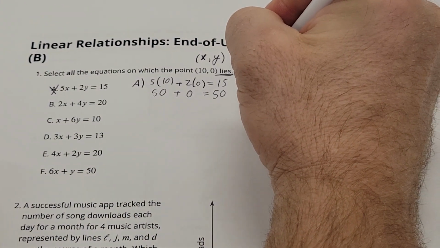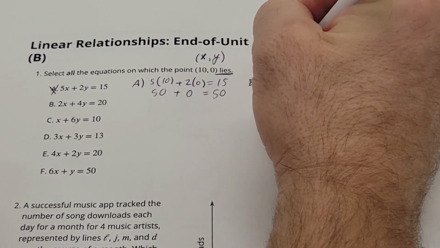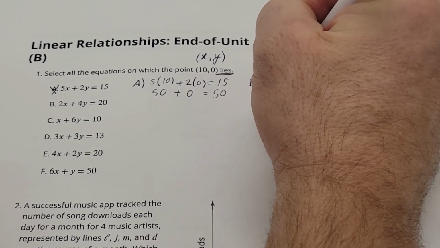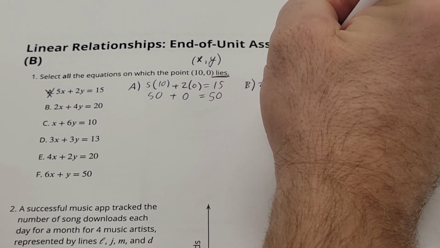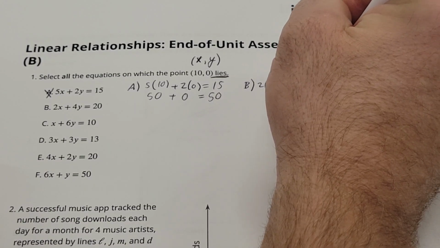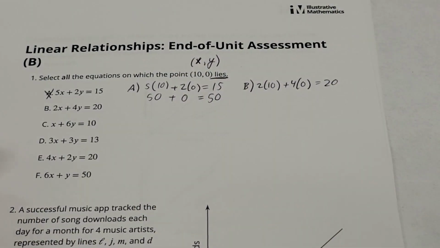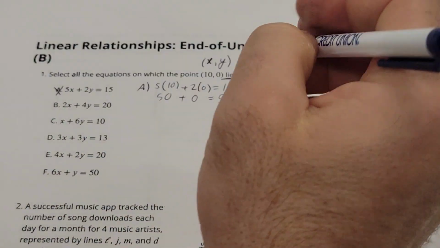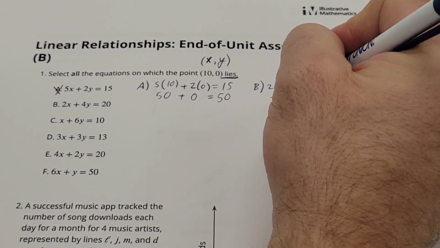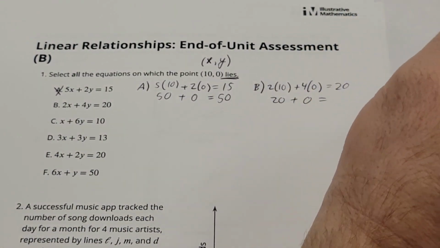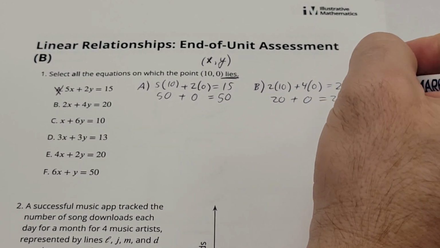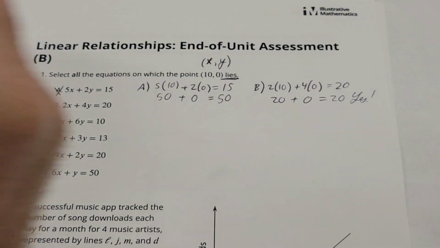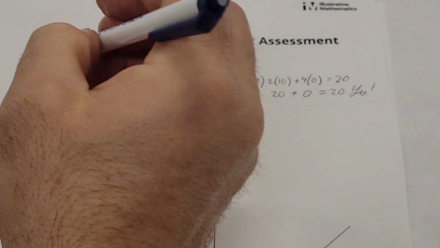Now I need to keep going here. Here's B, 2 times x, which is 10, plus 4 times y, which is 0, equals 20. 2 times 10 is 20. 4 times 0 is 0. 20 plus 0 equals 20. That's a yes.